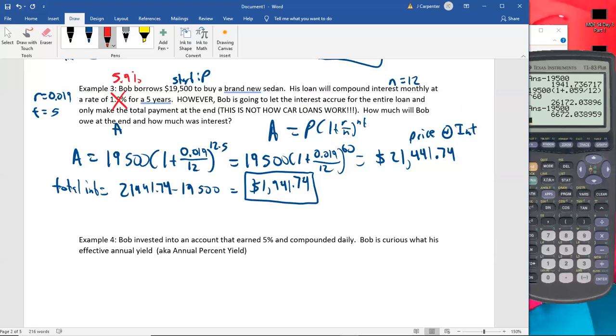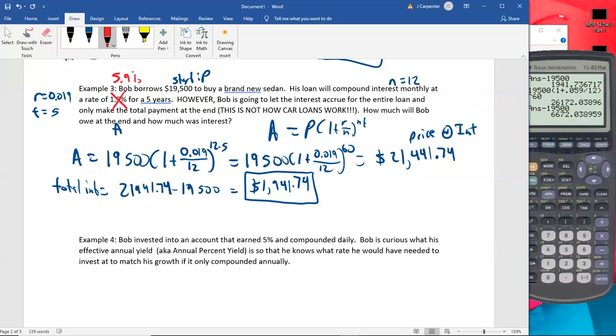So Bob is curious as to what his effective annual yield would have been, or is, so that he knows what rate he would have needed to invest at to match his growth if it only compounded annually.